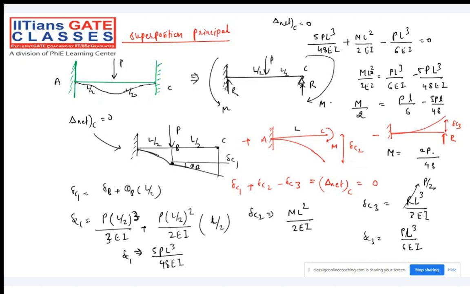No, this will be 3. So 24, this will be 8. So once again, I'm getting M is equal to PL divided by 8.